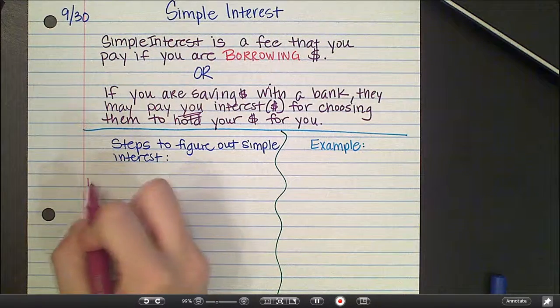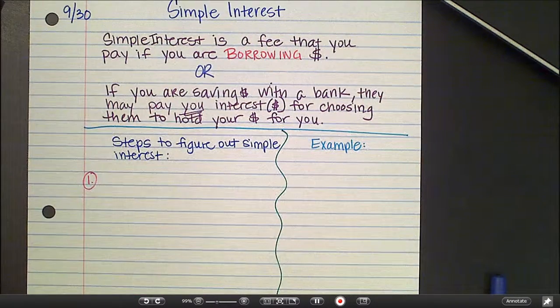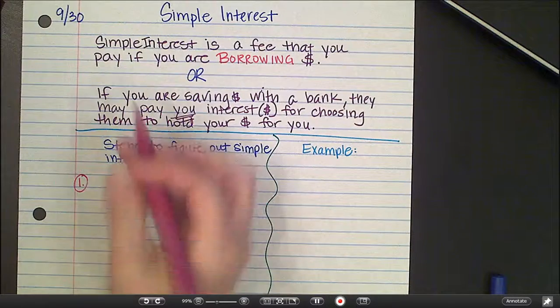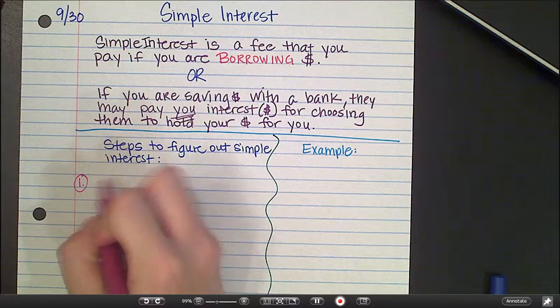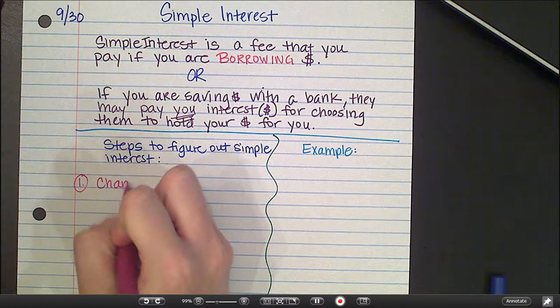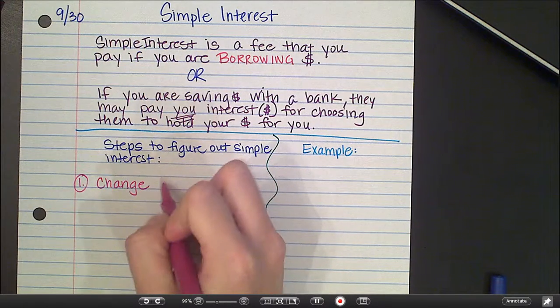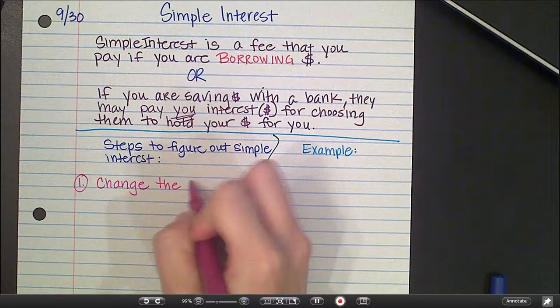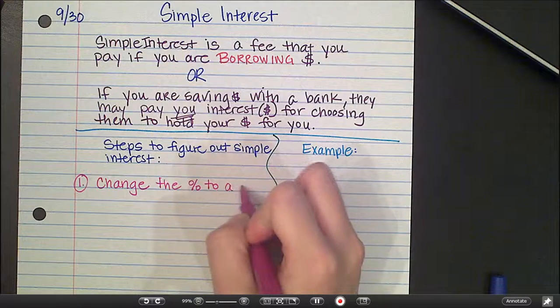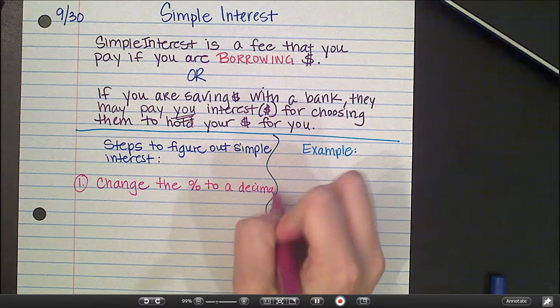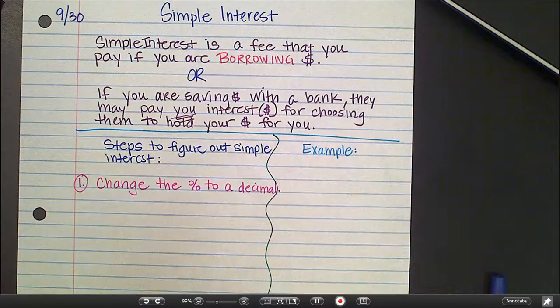Okay, so step 1. You're going to take your percentage and change the percent to a decimal. These are going to be almost like the exact notes from sales tax.